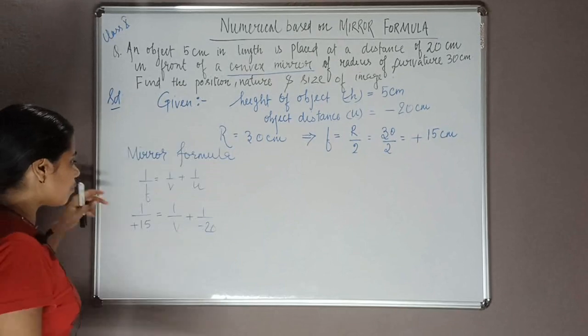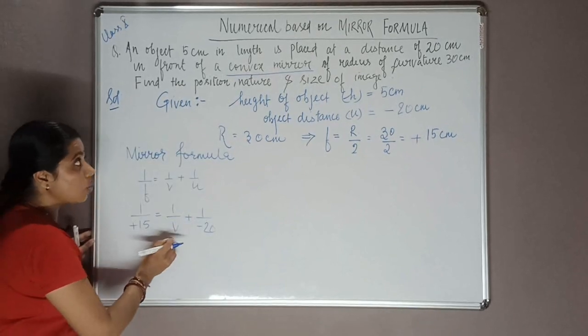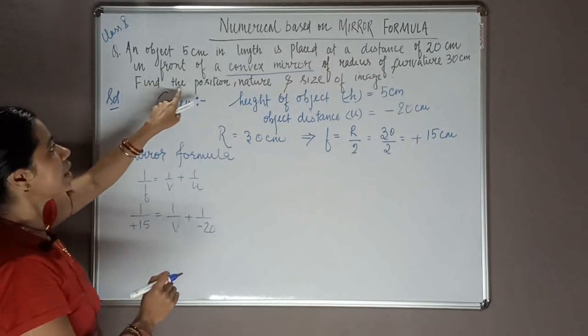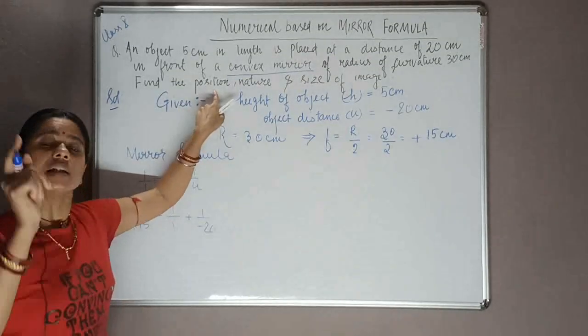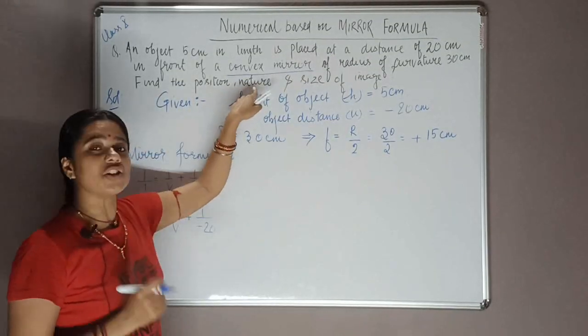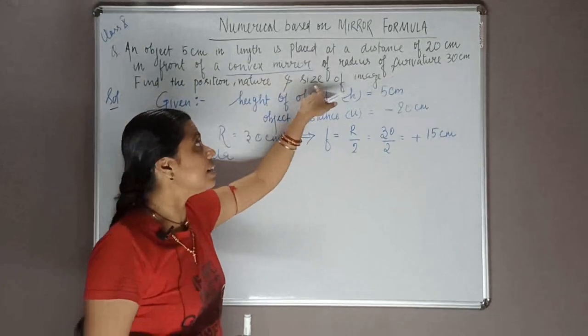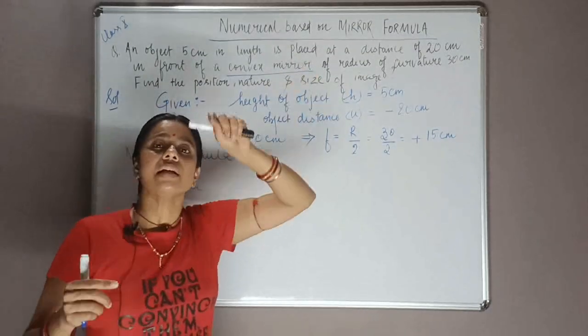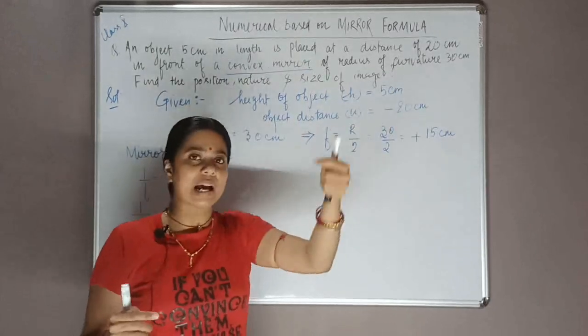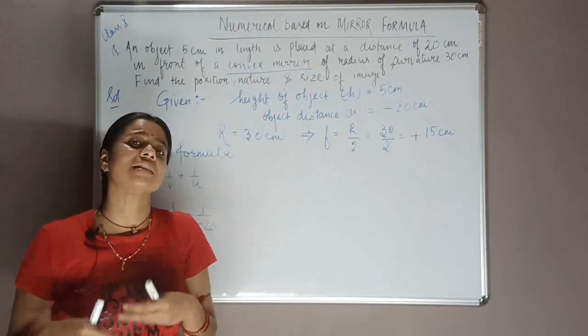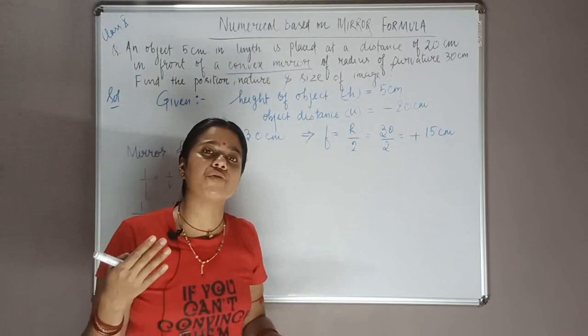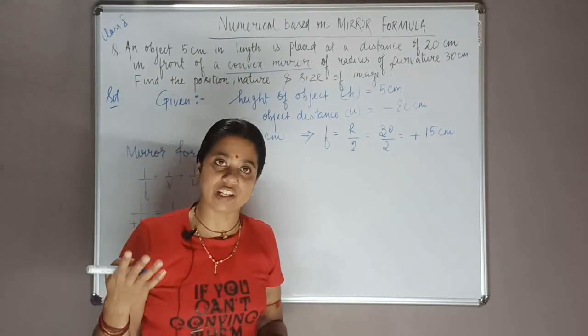Here you have to solve this. We need to find the position, that is the image distance; the nature, whether it is a real or virtual image; and the third is size, whether the image is diminished, magnified or of the same size. That means you have to find the magnification.